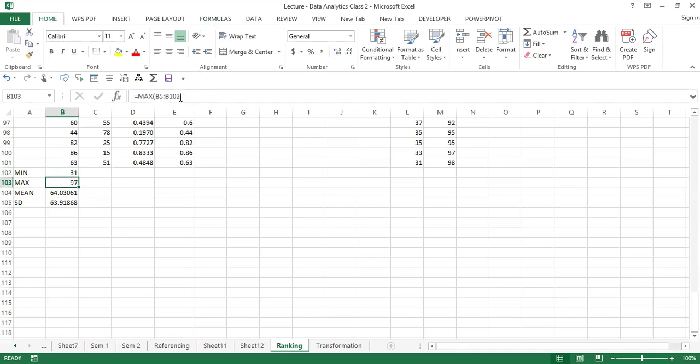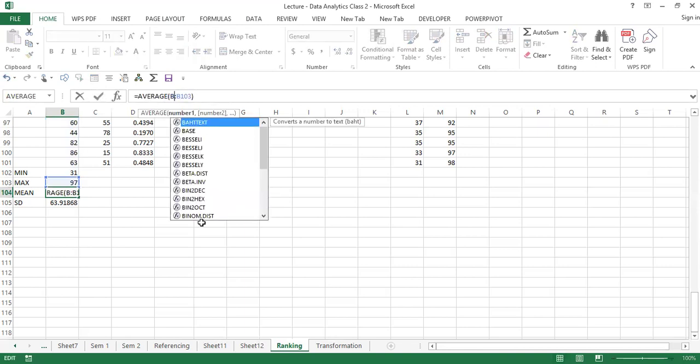It's using relative reference, so it's B4 to 101. B4 to 101.